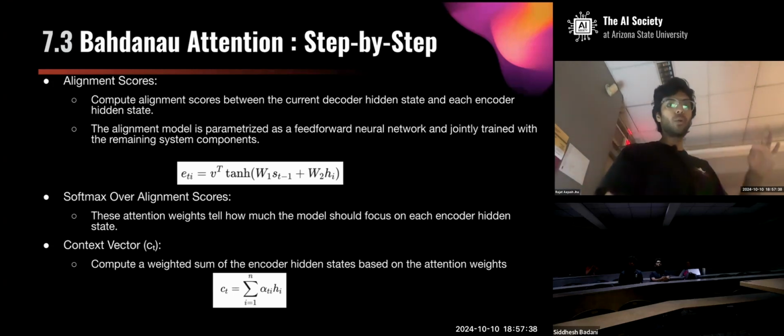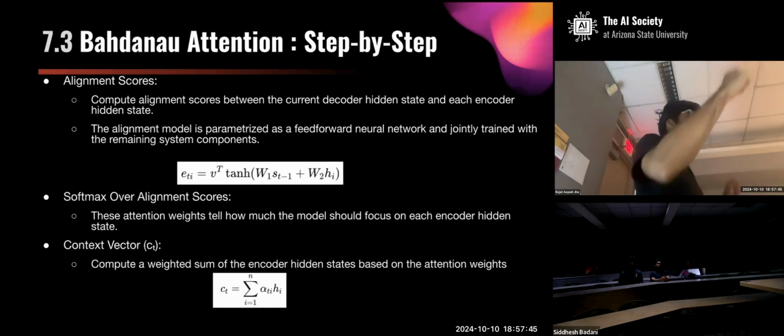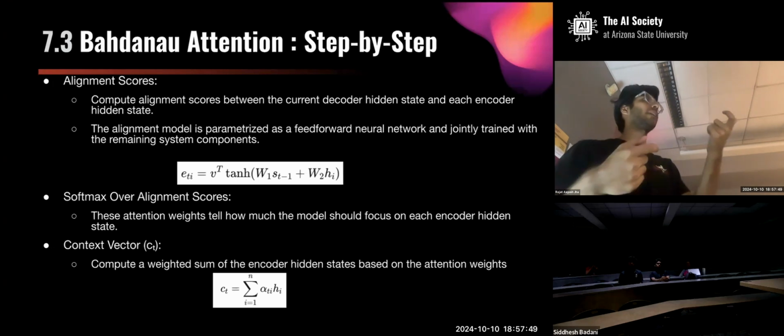You compute this alignment score for all the encoder states x1 till xn, and then you take a softmax.